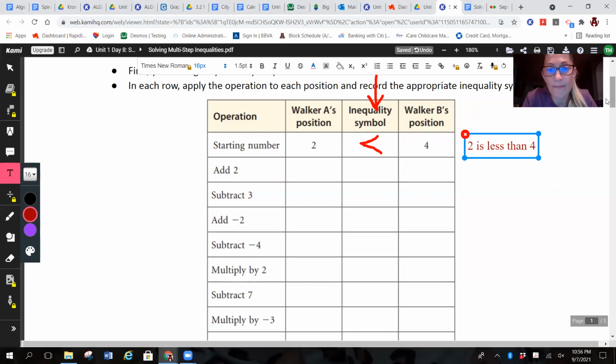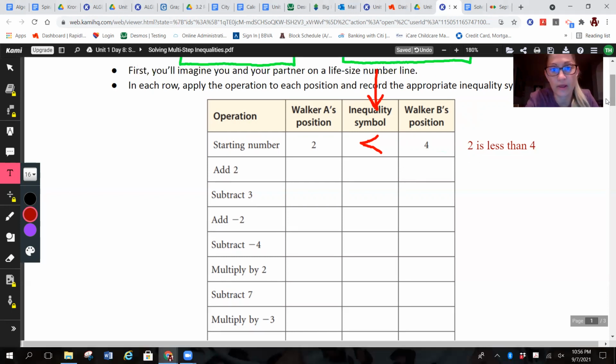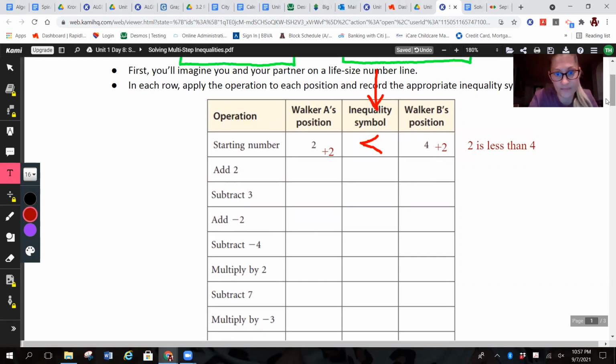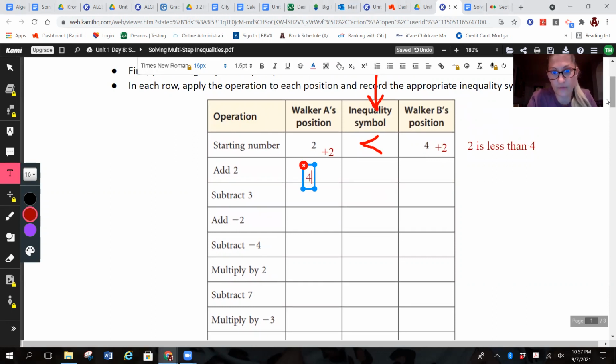Okay, next we're going to add 2 to both answers. So 2 plus 2 and 4 plus 2 would now make this a 4 and this a 6.